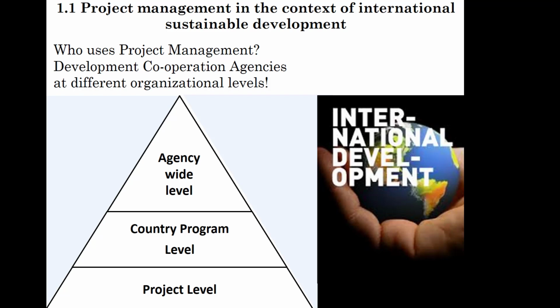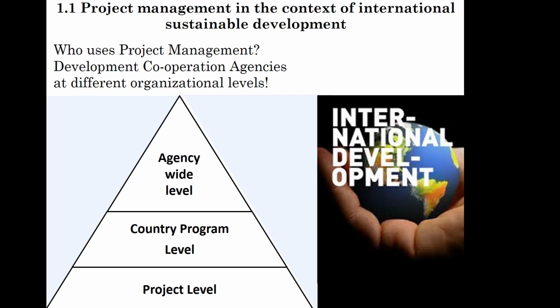Talking about development cooperation agencies like the United Nations Development Program, UNDP, like USAID, like the Consultative Group for International Agricultural Research, the CGIAR, which includes the International Water Management Institute or the International Rice Research Institute, but also others like the International Union for Conservation of Nature, IUCN, or the German Gesellschaft für internationale Zusammenarbeit, the GIZ, the World Bank, and so on and so on.